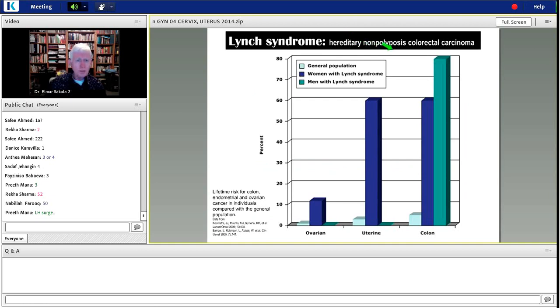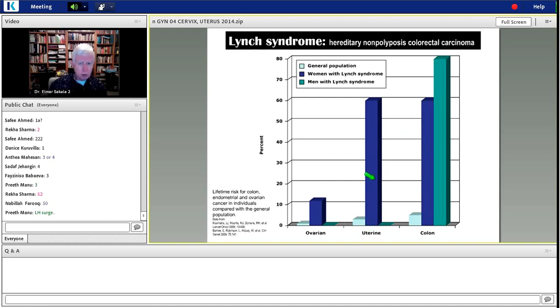Lynch syndrome, hereditary non-polyposis colorectal carcinoma. These women have very high levels of colorectal cancer. And here you can see this is the general population, and this is women with Lynch syndrome and men with Lynch syndrome, 10 times higher. But look at the endometrial cancer.